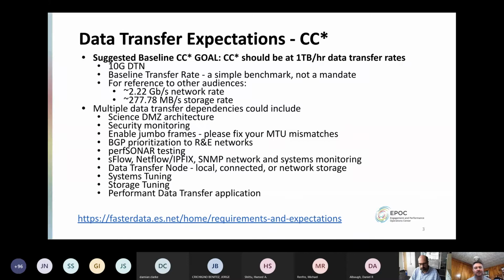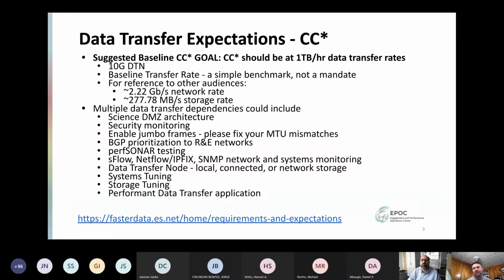It could be systems tuning you have to do, storage tuning. And then also the data transfer application or the portal or the workflow related to that. All those components can be one of the knobs you may have to adjust to get decent transfer numbers.